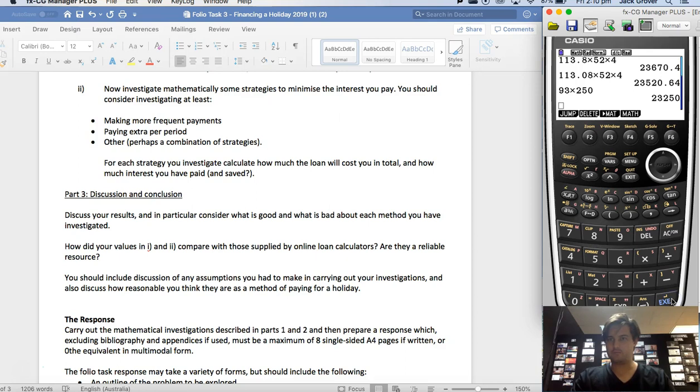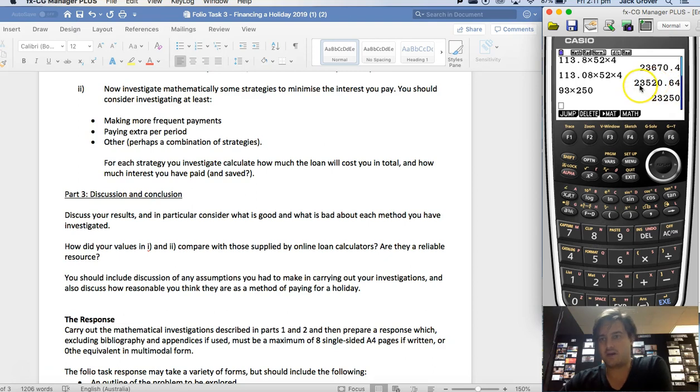Again, it's not a massive saving, and that's because we're not dealing with a massive amount of money. It's not like we're dealing with a home loan where we're dealing with hundreds of thousands of dollars. We're dealing with a smaller kind of personal loan, but you can see that it's still saved $270. So this was our figure if we just paid weekly instead of fortnightly.